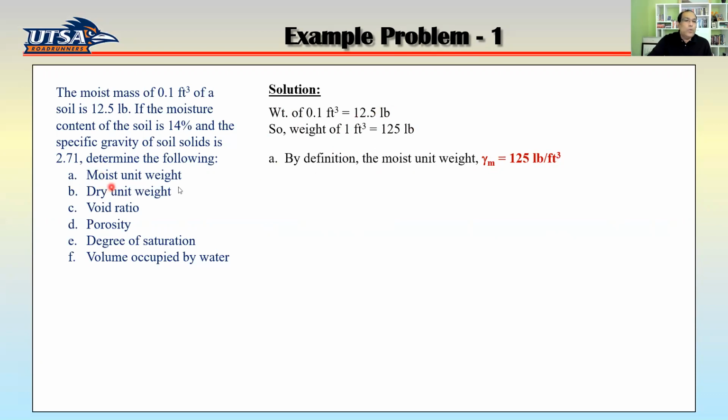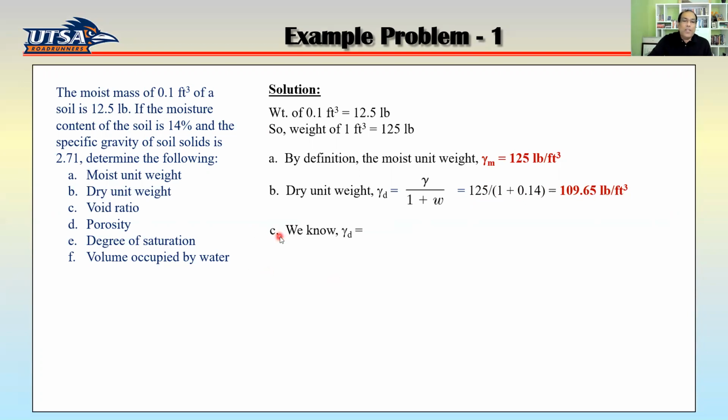Now, what is the dry unit weight? Dry unit weight gamma D is basically gamma divided by 1 plus W. So you can find 125 divided by 1 plus 0.14, that's your water content W, and you get 119.65.